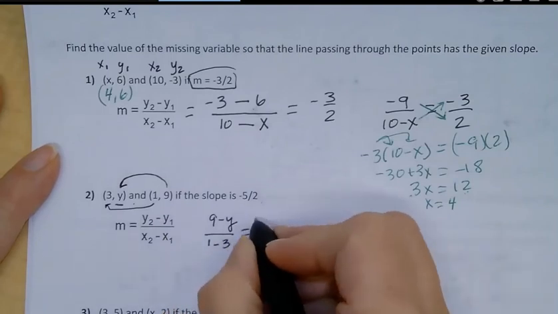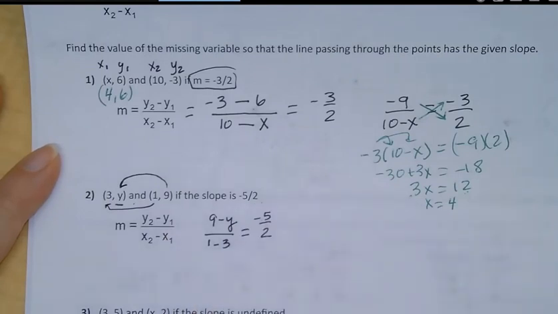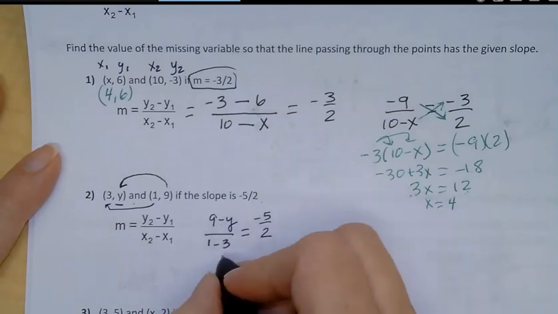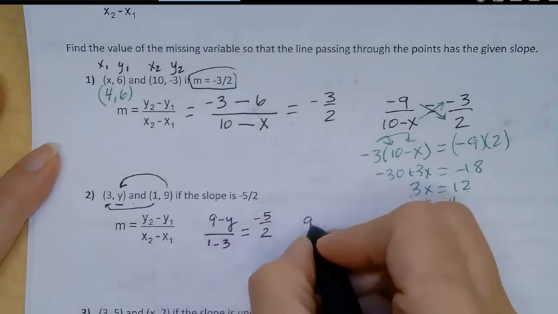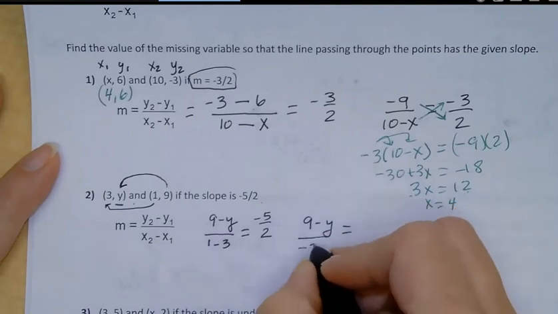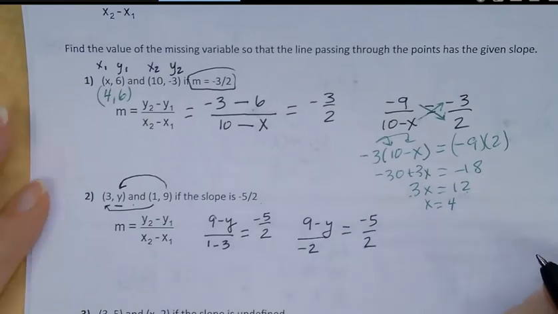That has to equal negative 5 halves, because the slope equals negative 5 halves. Let's do the math we can. 9 minus y, I can't fix. 9 minus y over 1 minus 3, which is negative 2, and that equals negative 5 over 2.